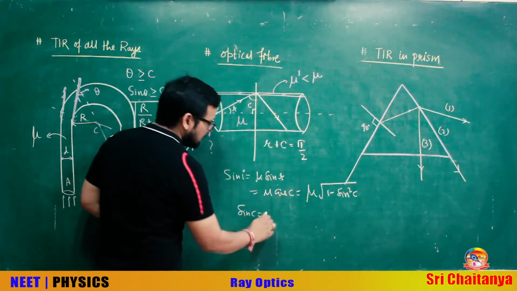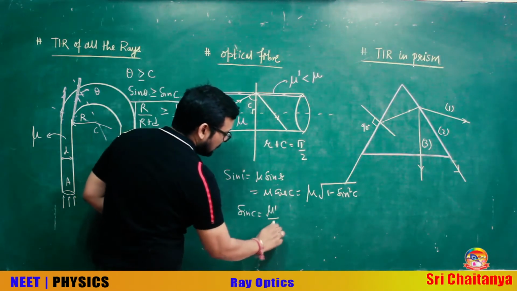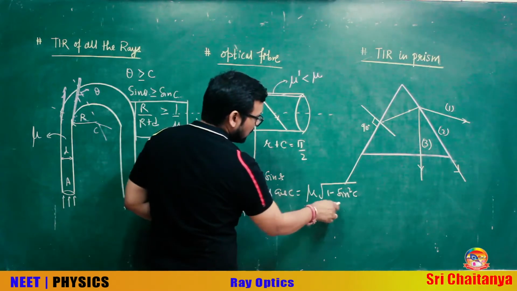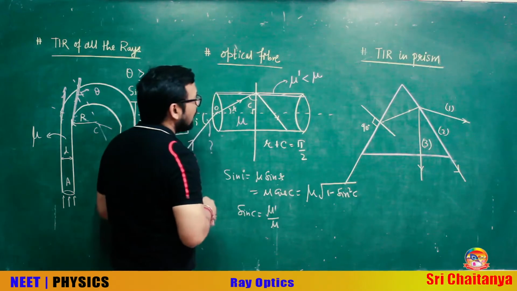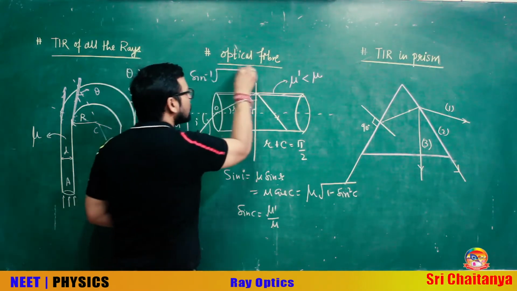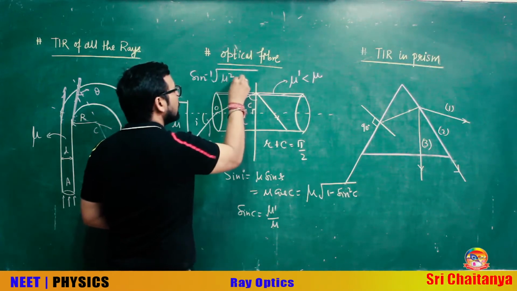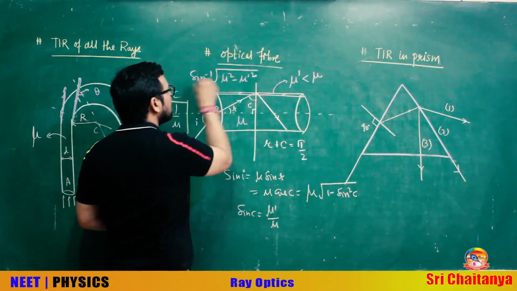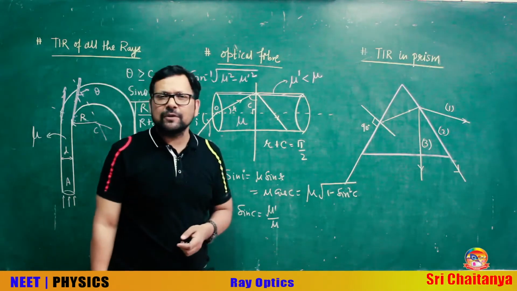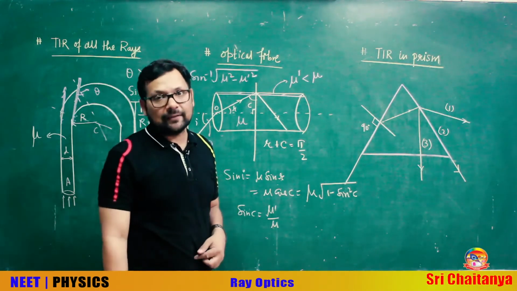Here sin c is mu dash by mu. And when you put it here, what you will find is i is equal to sin inverse of square root of mu square minus mu dash square. This is a question based on optical fiber, quite frequent with the topic TIR.